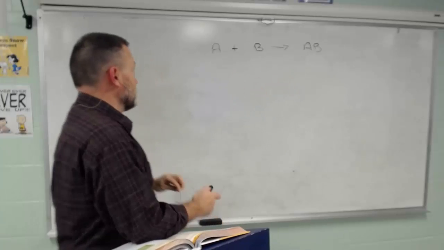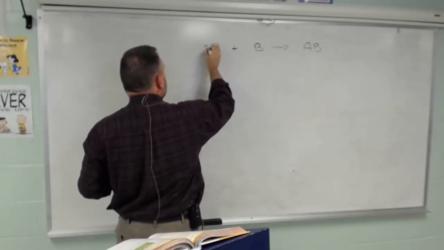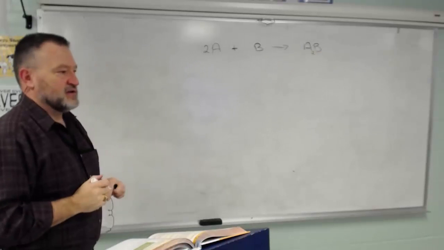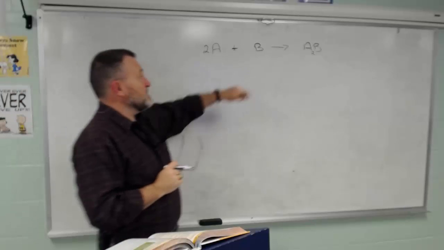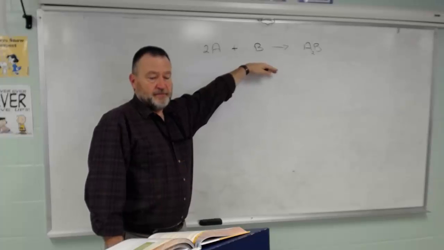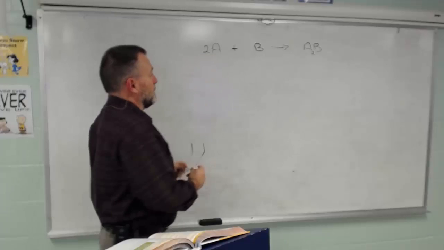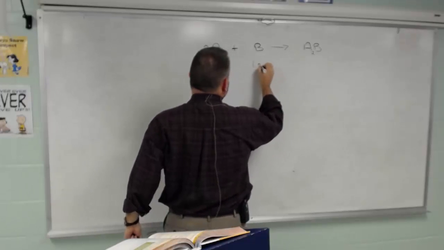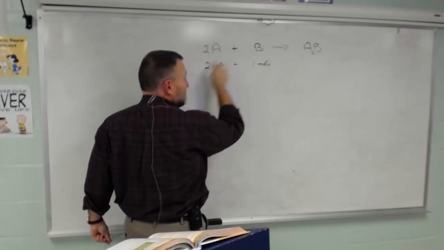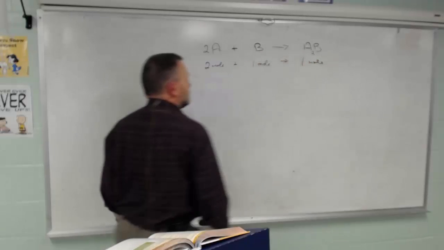Now, let's say in this example here, we have 2A plus B forms A2B, something like that, right? If I say that B is my limiting reactant, that means when this reaction takes place, B is going to run out first. Which means if I have 1 mole and 2 moles, I'm following my perfect formula to create 1 mole.